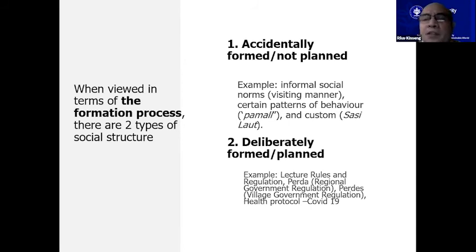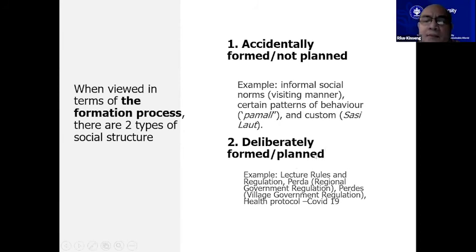Also customs like SASI, a resource management system in Indonesia, come out of a long social process, evolving slowly, in an evolutionary way. So that's what I call accidentally formed or not planned social structure.